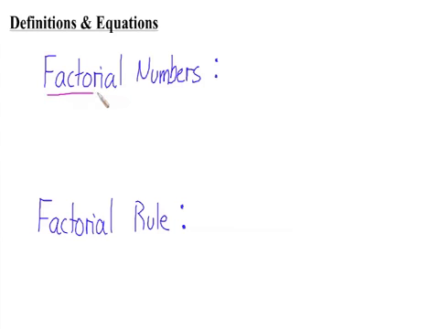So a few definitions here. Factorial numbers can be written in general form for any number n which is greater than or equal to 1. So I can't take the factorial of 0. Well, actually I can. I'll show you what it is in just a minute.